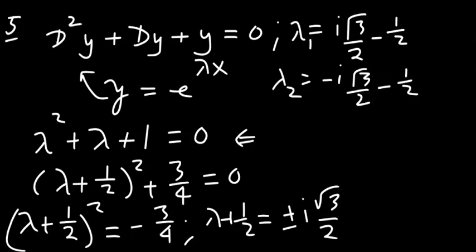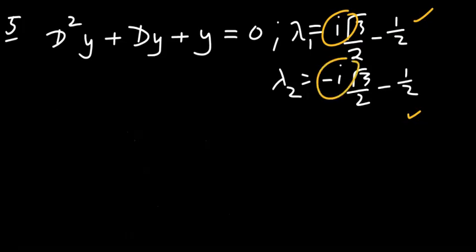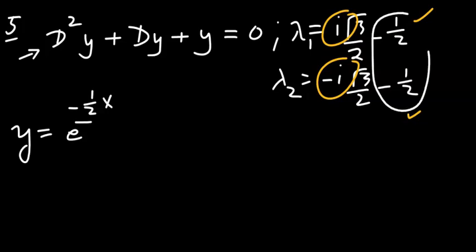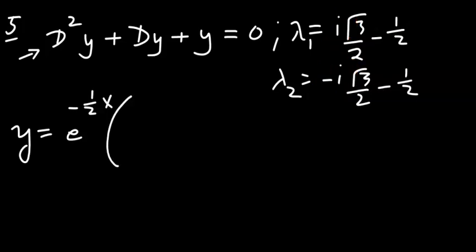As you can see, the two solutions are distinct, they are different. However, they are not real because they are complex numbers. You have an imaginary term there. That means you are dealing with case number 2, and the general solution to this equation, or the complementary function, is e to the power minus half x, so this minus half comes from that term, times an arbitrary constant, let's call it a, cosine square root 3 over 2 x.